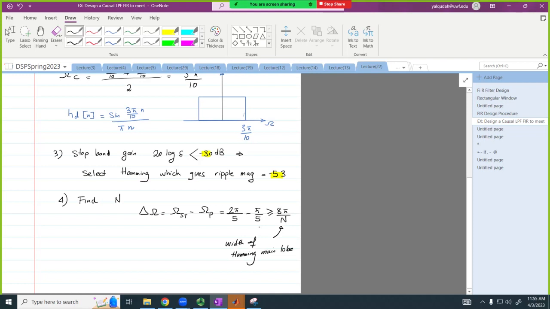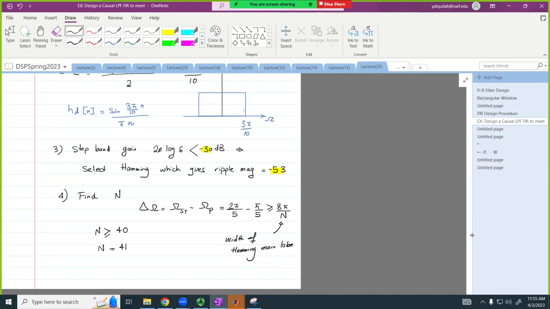So therefore from this equation we have to have n greater than 40, and therefore we're going to choose n to equal 41. Anytime we get an n that is even, we'll choose the odd number that is above it.